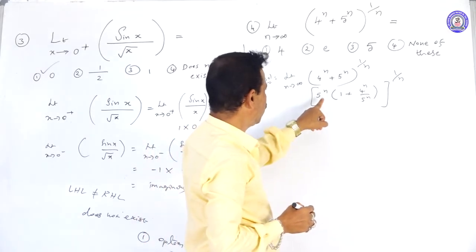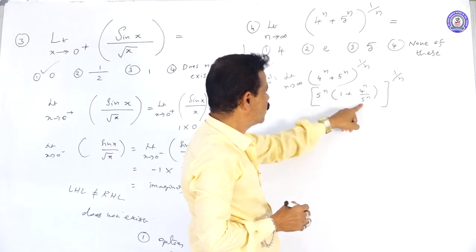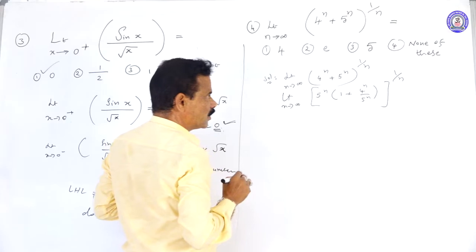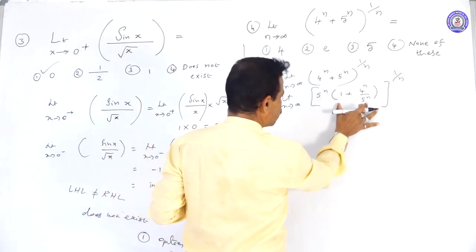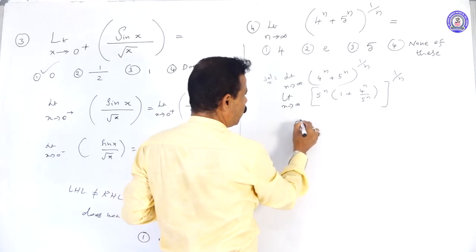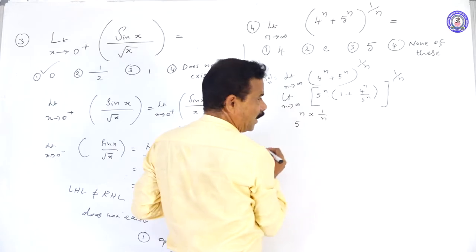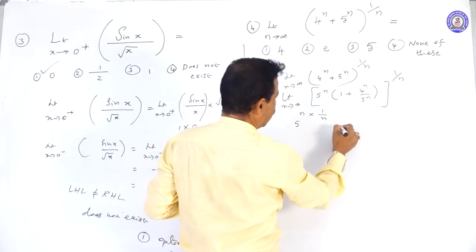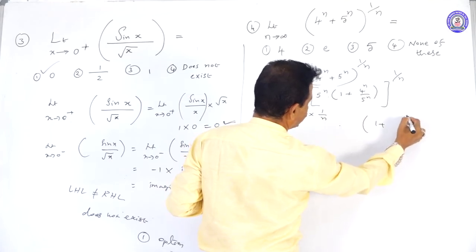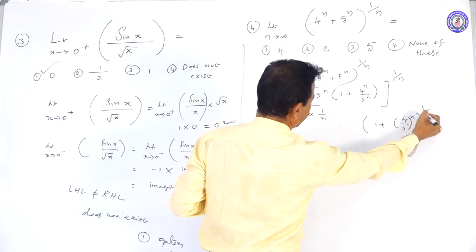Multiplying by 1 over 5 power n, this cancels, and 4 by 5 power n tends to 0 as n tends to infinity. Next, this into this are products, so separate them. 5 power n power 1 by n is n into 1 by n. Again, next this 1 plus 4 by 5 power n whole power 1 by n.